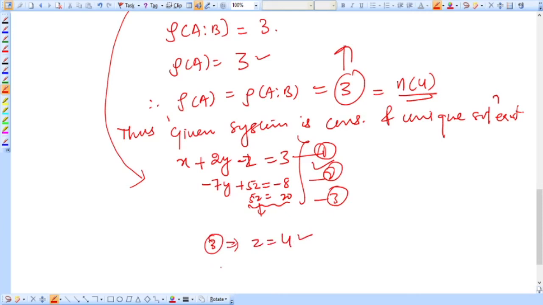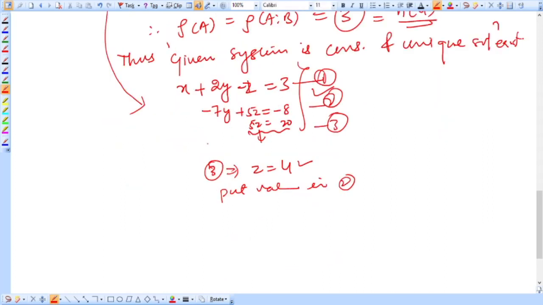Now put the value of z in equation 2, what do we get? If you put the value of z here, see this equation, it would be 20.